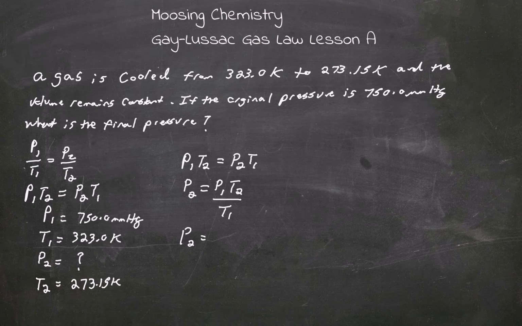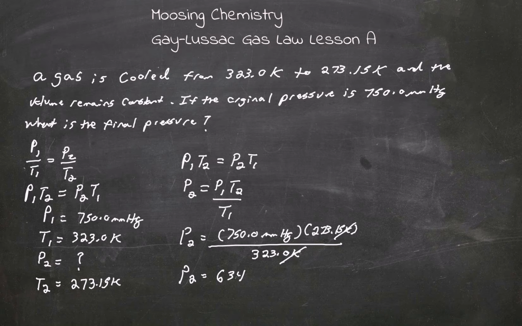P2 equals our first pressure, 750.0 millimeters of mercury, times our second temperature, 273.15 K, divided by our first temperature, 323.0 K. Now our K's cancel out, and when we get busy on the calculator, this gives me a pressure of 634.25 millimeters of mercury.